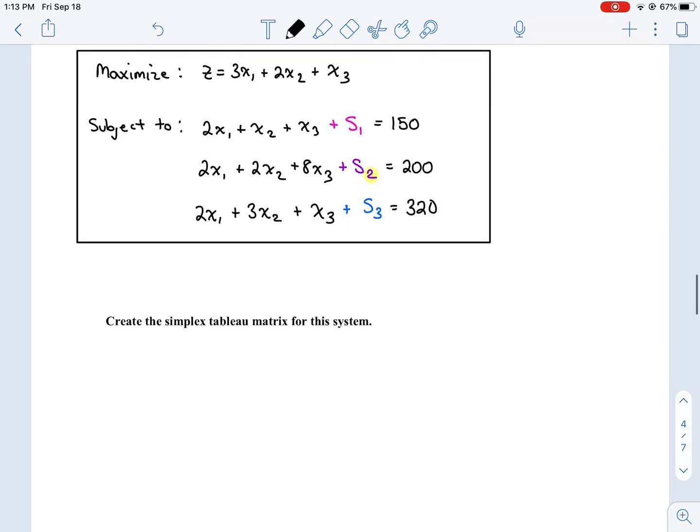So what I'm going to do is start by labeling the columns in the simplex tableau matrix. I'm going to start with all the variables of x. Next, I'm going to list the slack variables.